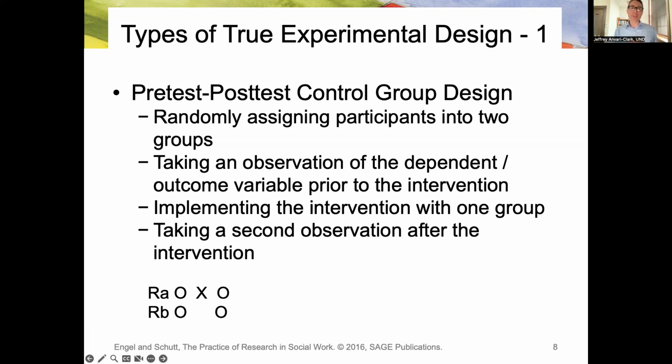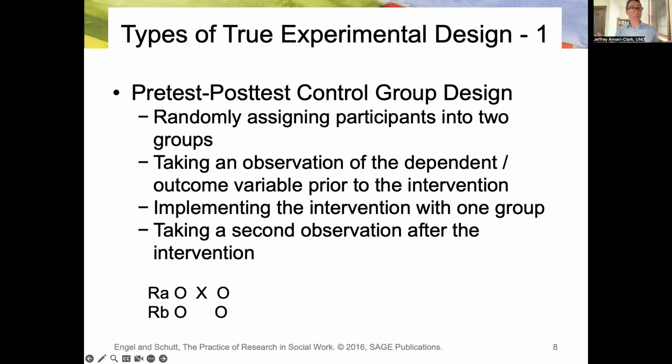Then one of the groups gets the intervention. So we see with group A, RA, the randomized group A, they have the intervention. So that's the X. Then group B, they do not have the intervention. So without the intervention, then we move on to the post test for both of them.